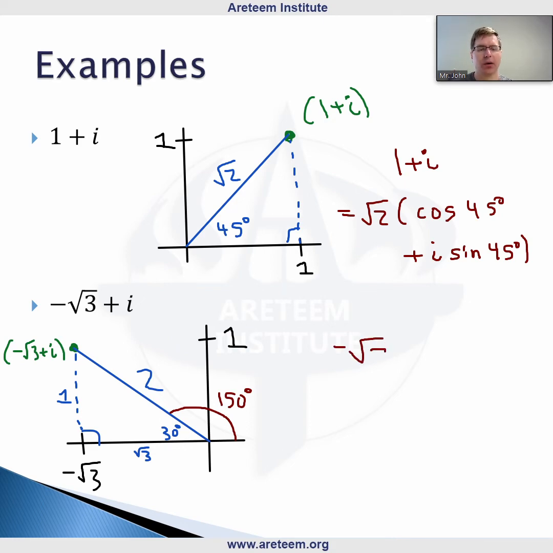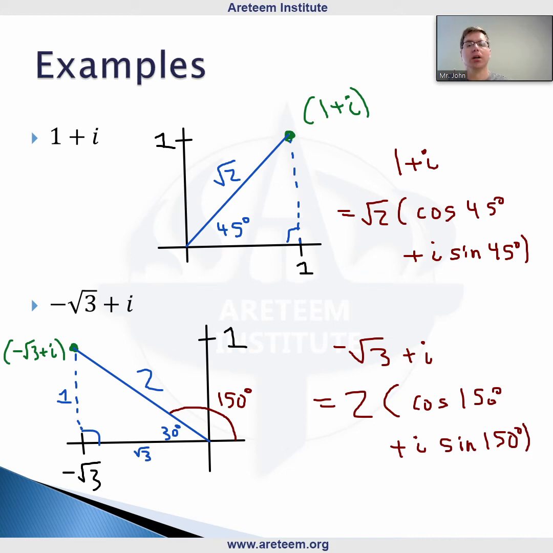So negative square root of 3 plus i is equal to, we can write this then as, okay, our modulus is 2. And now we have cosine of 150 degrees plus i times sine of 150 degrees. So that is our setup then in this case for converting things into polar form.